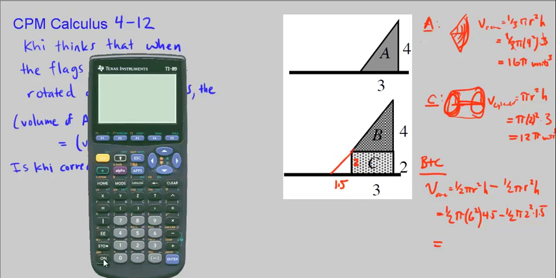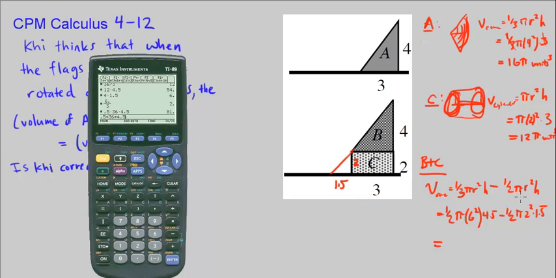Let's just use a calculator. So 0.5 times 36 times 4.5, and that gives us 81. Oh, sorry, the volume of a cone, because this doesn't look right, is 1/3 pi r squared h.